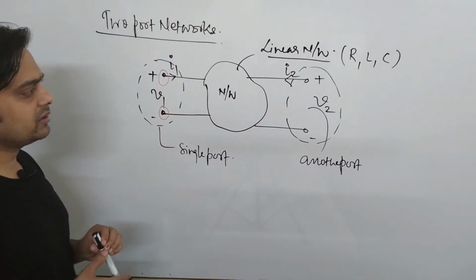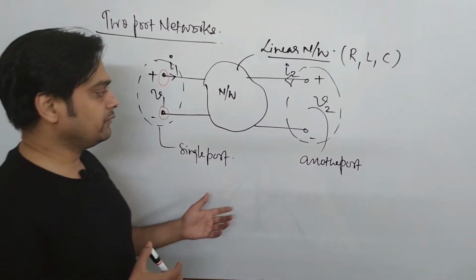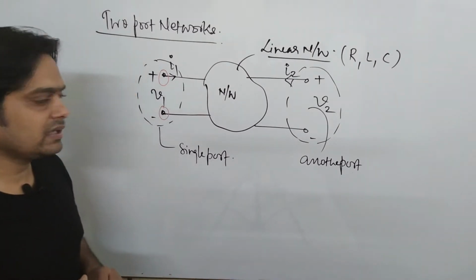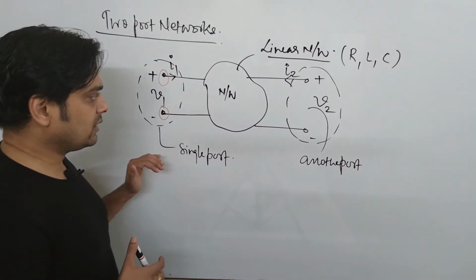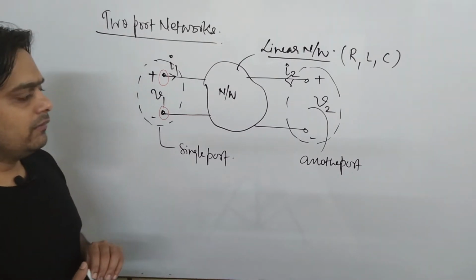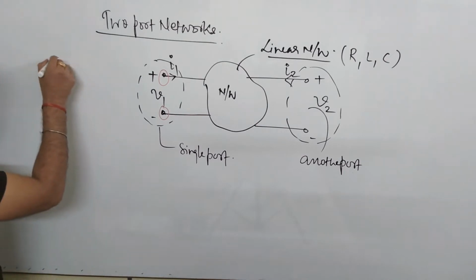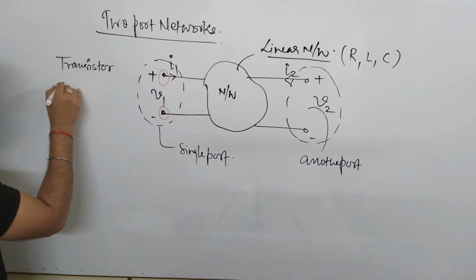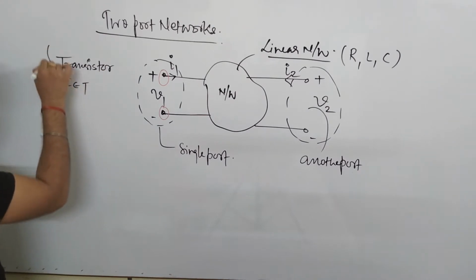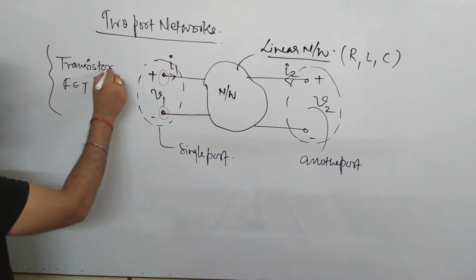Now a very important question comes to your mind: why two-port network, and why are we going to analyze such a type of network? Actually, the concept of two-port network comes into the picture when you talk about transistors and FETs. You have seen transistors in your EDC and ADC subjects. You have undergone these topics, known as transistors and FETs.